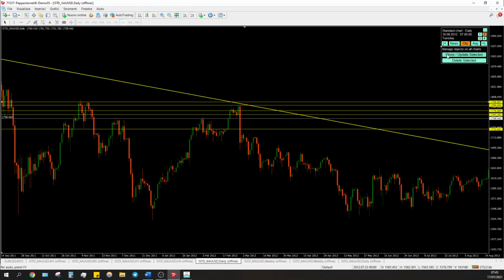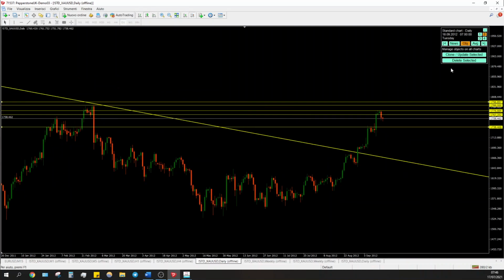Okay, so as I was saying, we're going to look for now for reactions. We are looking on the daily at the correction, seeing that unless price breaks below this level, there's no real reason to call it a shift in market structure, it's just a correction, a pullback.